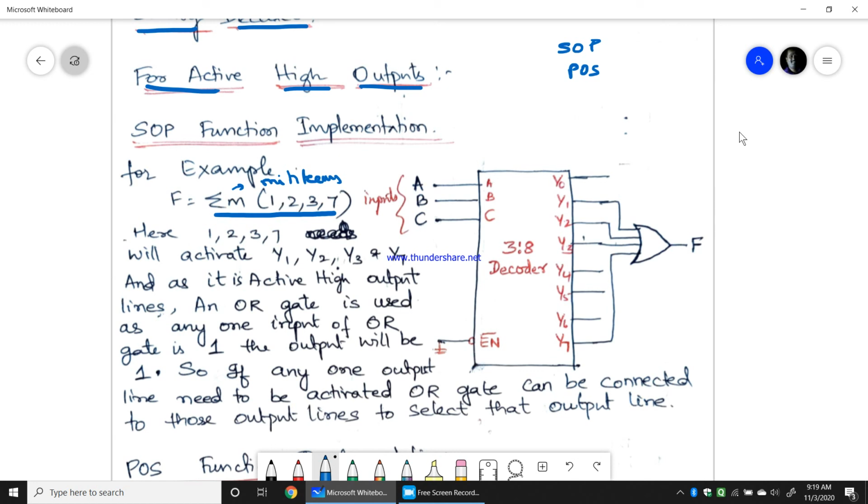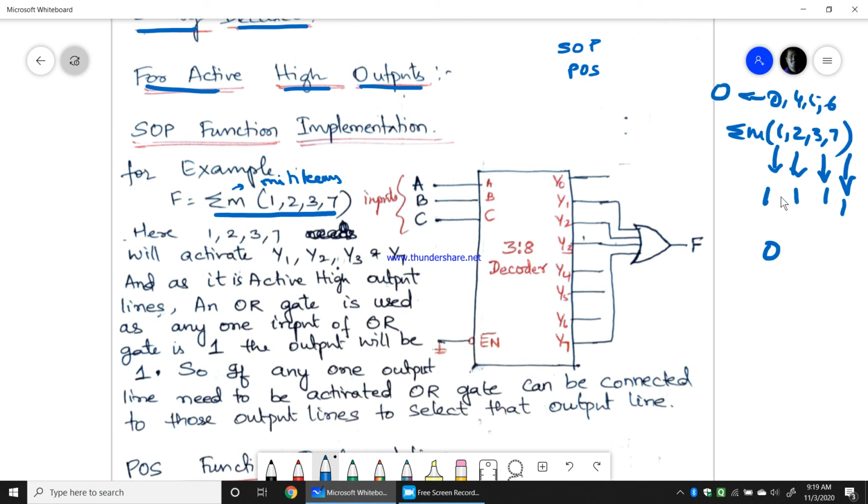Now as this is summation m of 1 2 3 7, the output should be 1 for these, and all others should be 0. All others means we don't have 0, we don't have 4, we don't have 5, and we don't have 6. Those 0 4 5 6 will remain as 0.